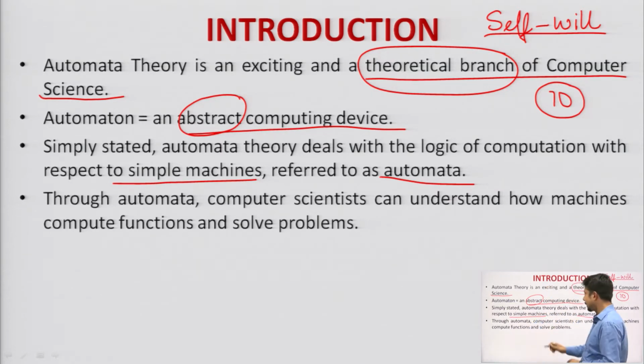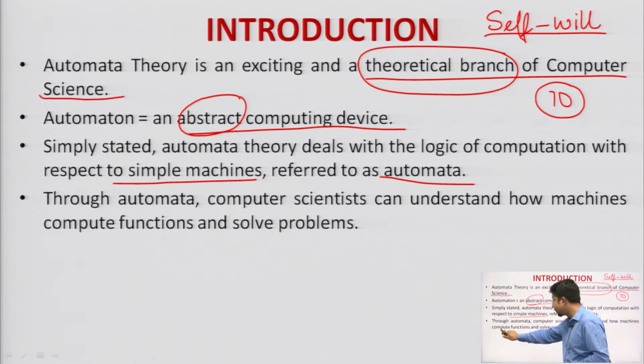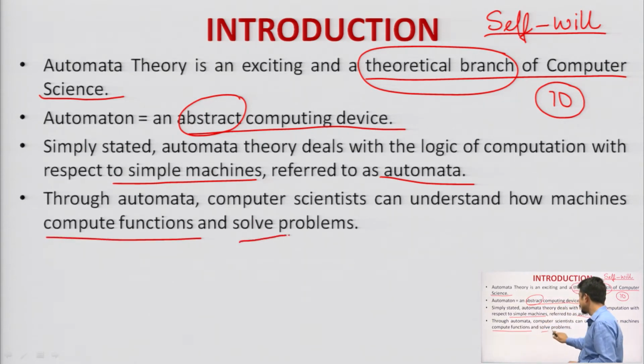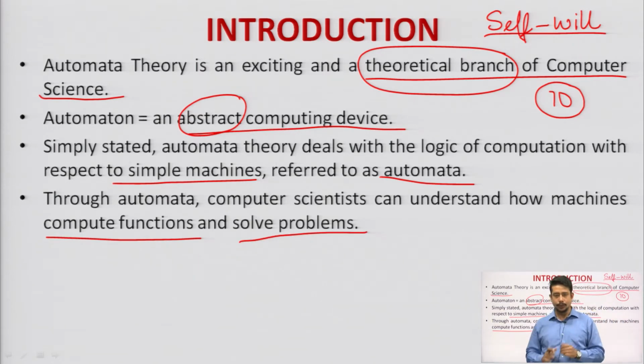Next, through automata, computer scientists can understand how machines compute functions and solve problems. Suppose you have a base model, a base algorithm of all the machines, and that base model explains how the inputs are received, what processing is done, and how the output is produced to the end user. If you can understand this simple thing, then you will have a prior understanding of all the machines. Clear? Now, let us go with the next slide.